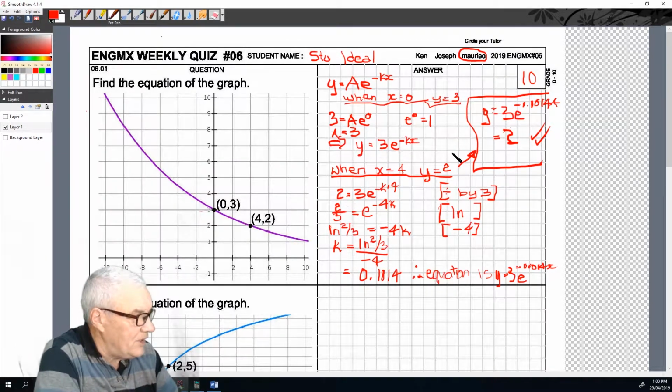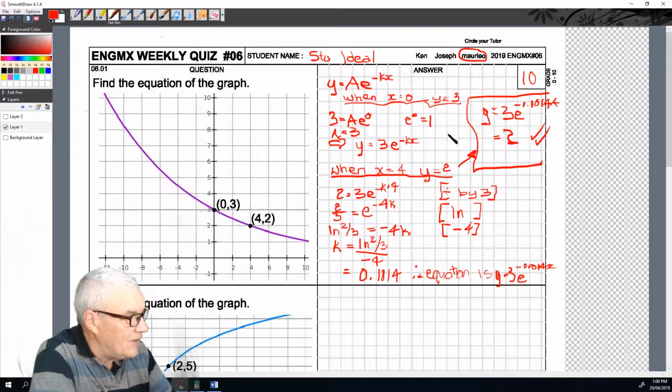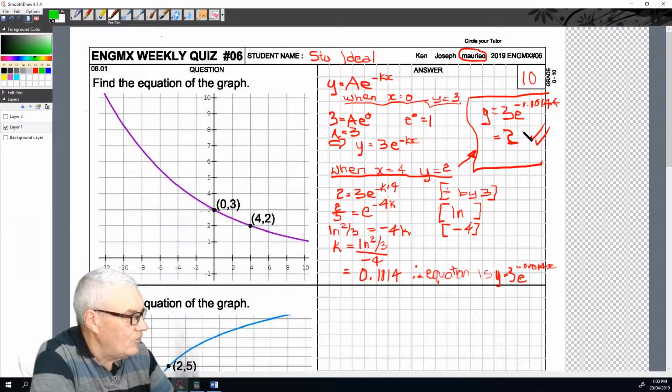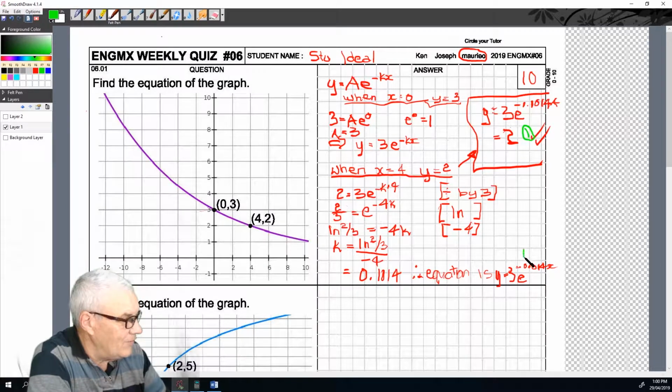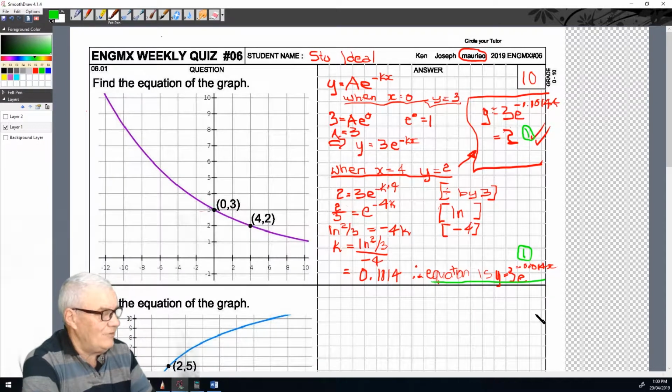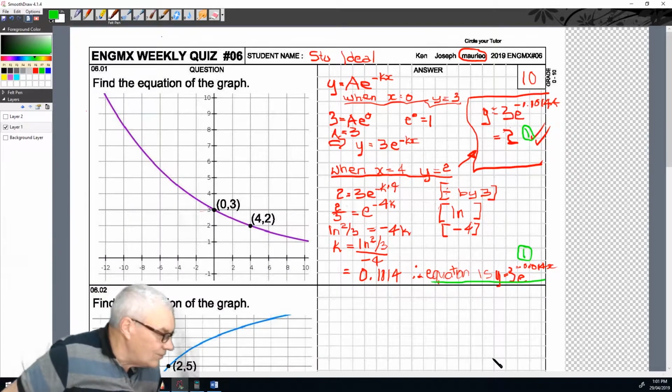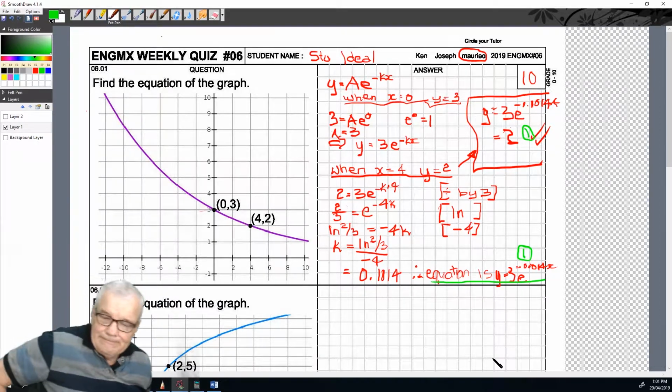Now you'd probably get one mark for that, I'll maybe do this in a slightly different color for the marking. Definitely a mark for the answer here. And indicate very clearly where your answer is. So there we go. That's question 1.